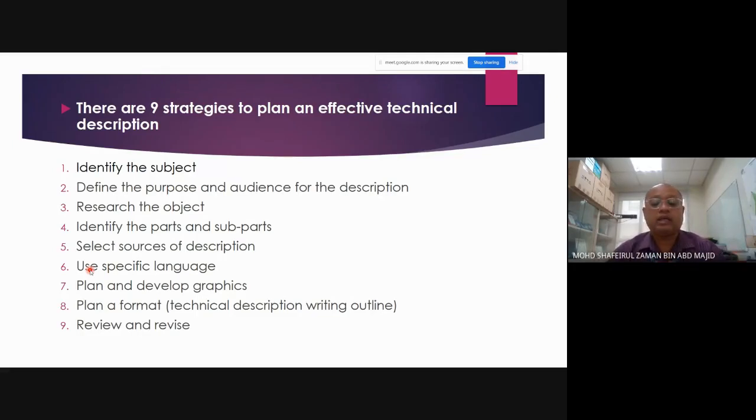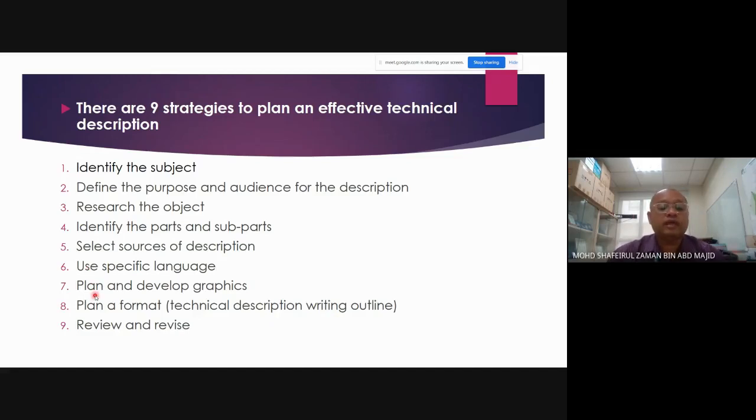So that is one example of how you can be specific. Or if you are planning to describe the latest SUV produced by Perodua, instead of saying that it is a SUV, you can mention that it is the latest Perodua Ativa SUV. So you go very specific.